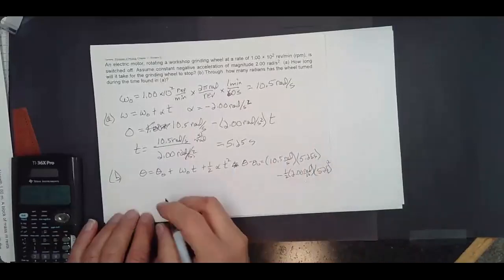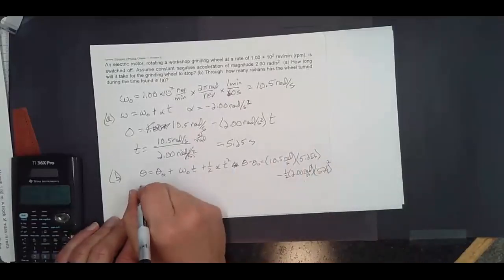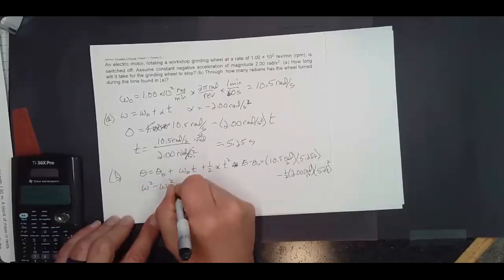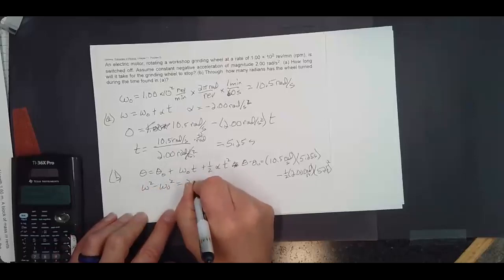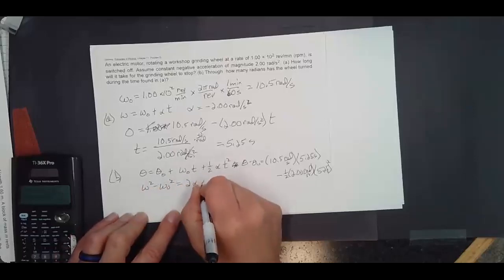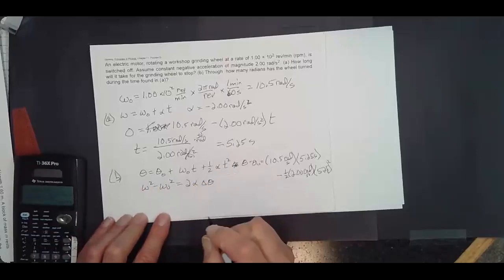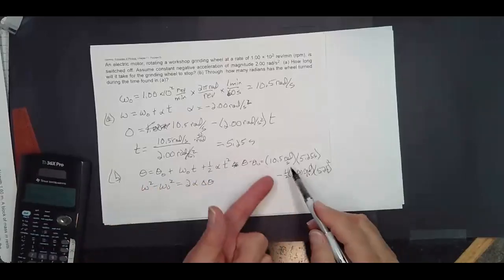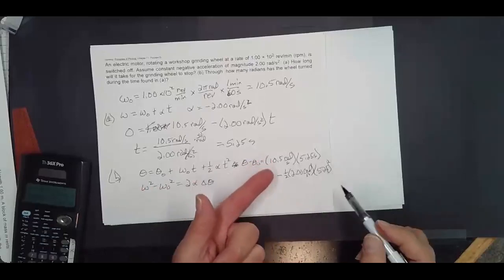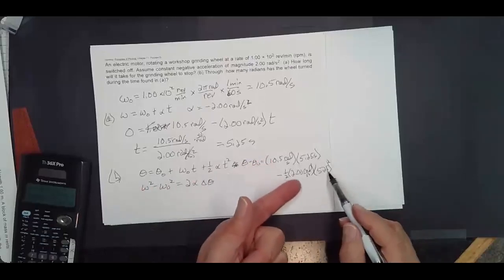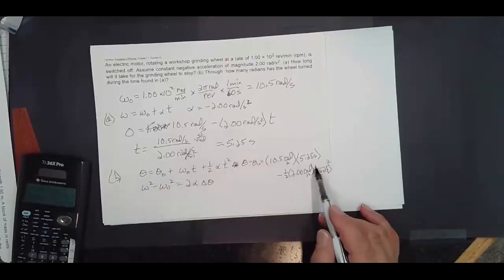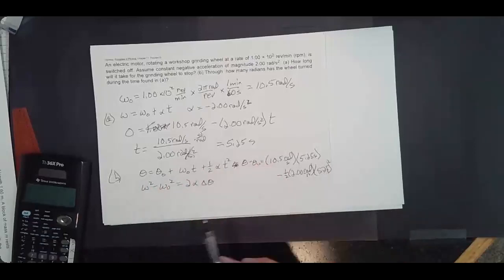Okay, or I could do this. I can say omega squared minus omega naught squared equals 2 alpha delta theta. Okay, let's see what happens with that one. Should get the same thing. Here I'd see about 50 minus 25. It looks like somewhere in the neighborhood of 25 radians when we're done with this.